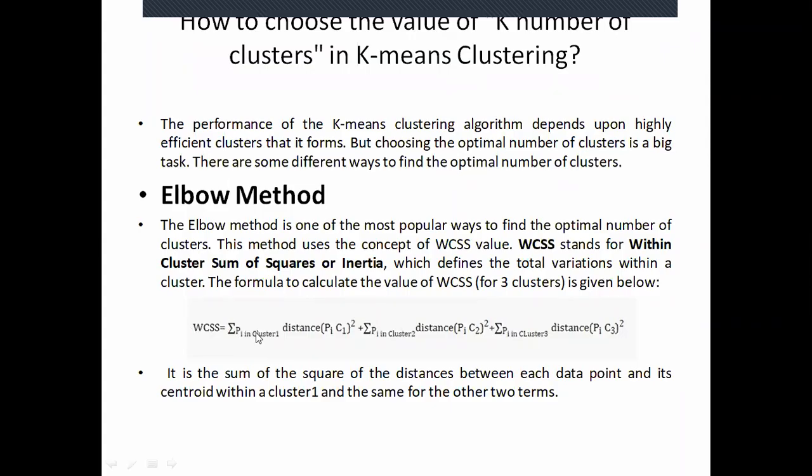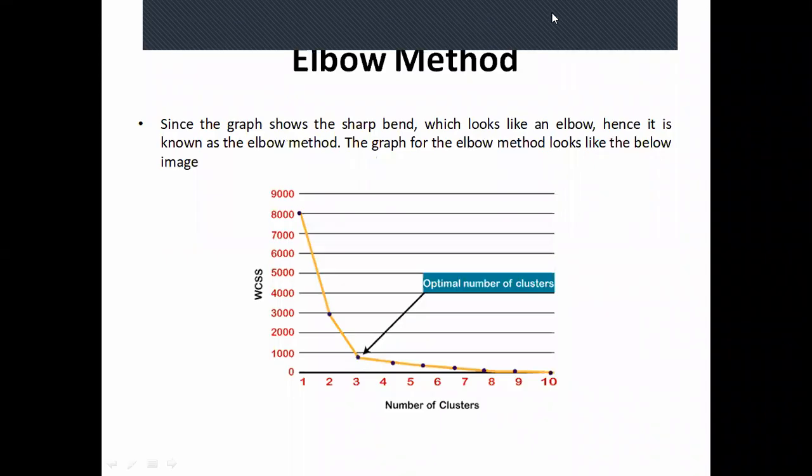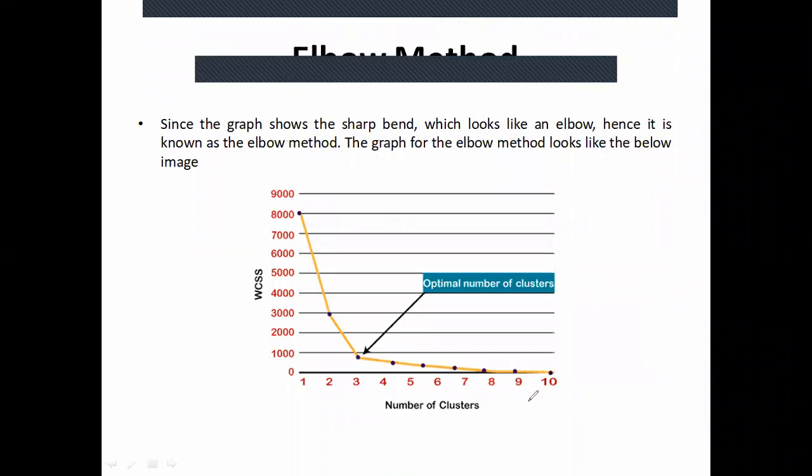Then I will plot a graph between the number of clusters I'm taking and the value of WCSS. Suppose I have taken the value of K as 1. That means I just want to make one cluster. In that case, the value of WCSS is very high. That is the error, and you can see it is very high.